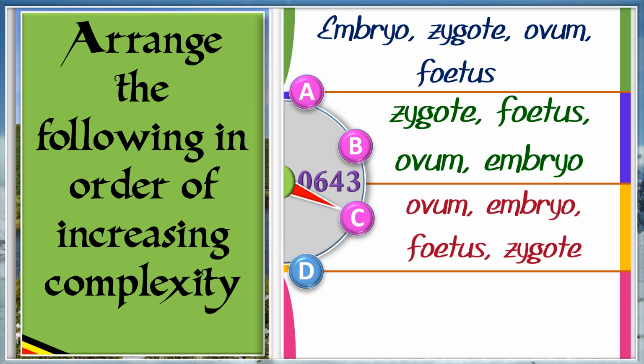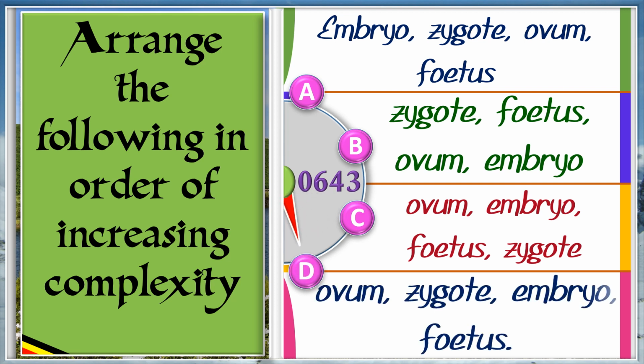C. Ovum, embryo, zygote, foetus. D. Ovum, zygote, embryo, foetus. And the answer is D. Ovum, zygote, embryo, foetus.